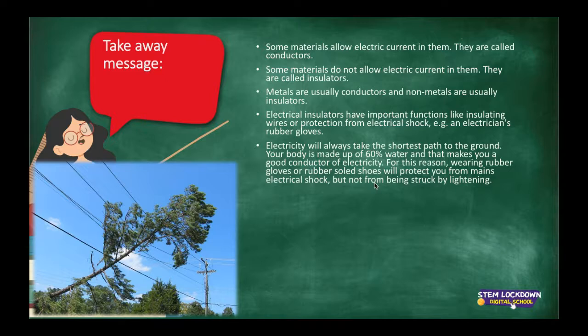For this reason, wearing rubber gloves or rubber-soled shoes will protect you from mains electrical shock, but not from being struck by lightning. That is why it is encouraged, when it's raining with heavy storms and lightning, to be indoors and not outside, because you are a very good conductor.